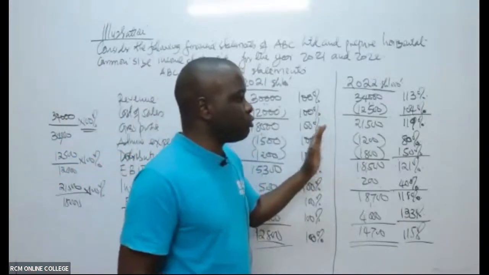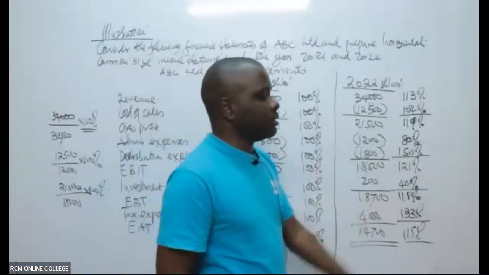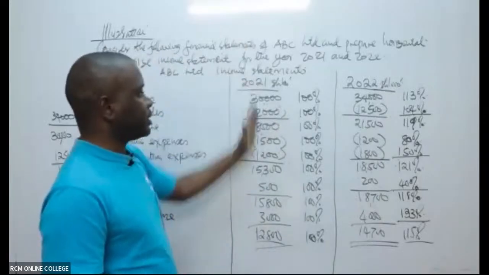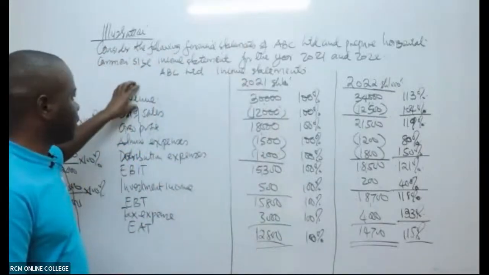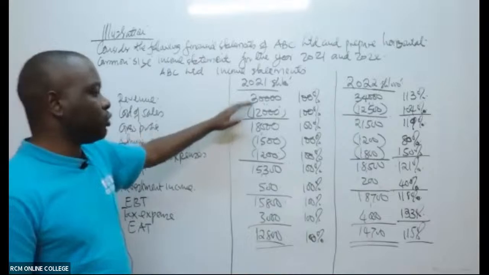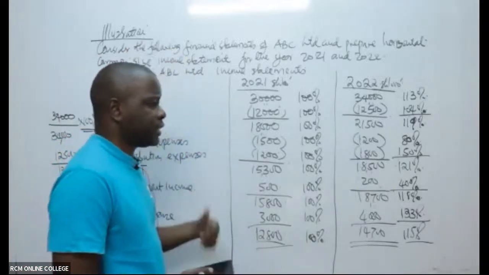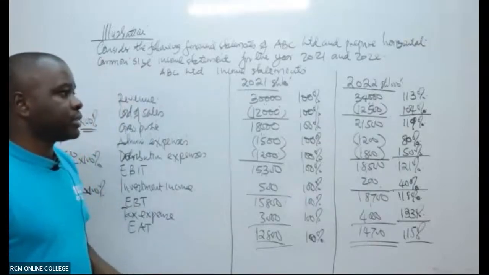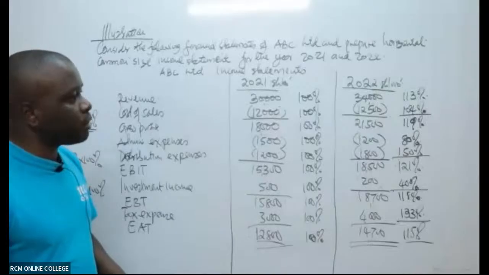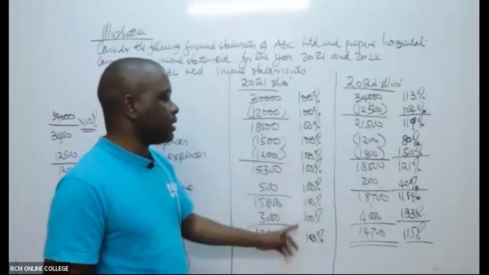You know how horizontal goes. Horizontal is like this, but vertical is like this, whereby you use this item as the base and convert all the other items into percentages. It gives you a trend that you can use to analyze. Remember, it is far easier to analyze using percentages than figures.